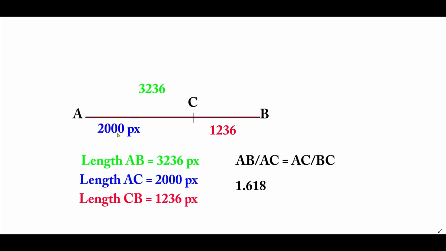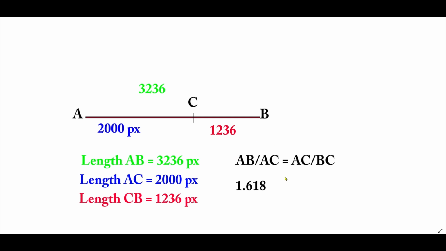Obviously if we minus the 2000 pixels from the 3236, we're left with 1236 pixels. So the total length of A to B is 3236 pixels. The total length from A to C is 2000 pixels, and the length from C to B is 1236 pixels.